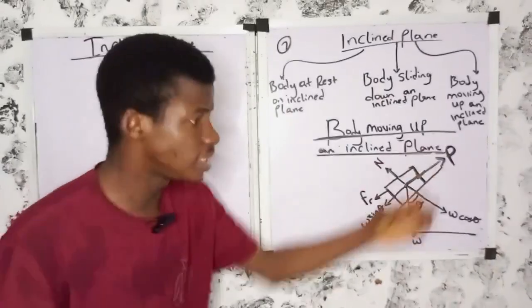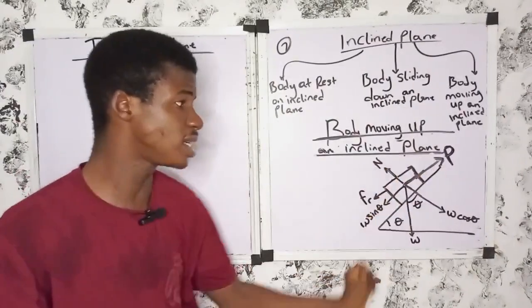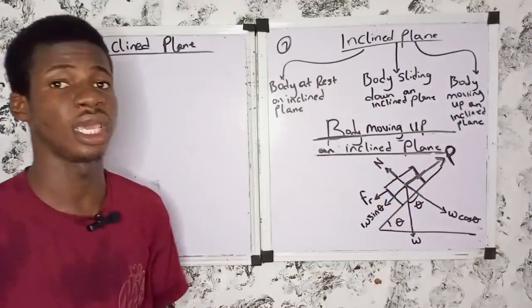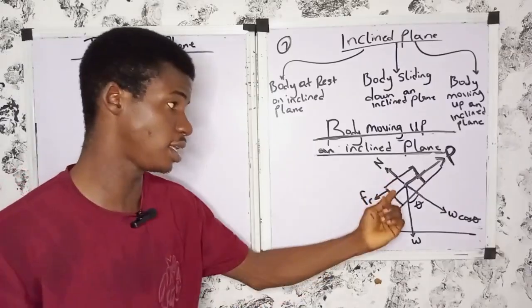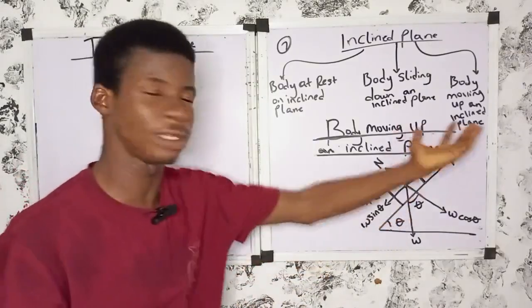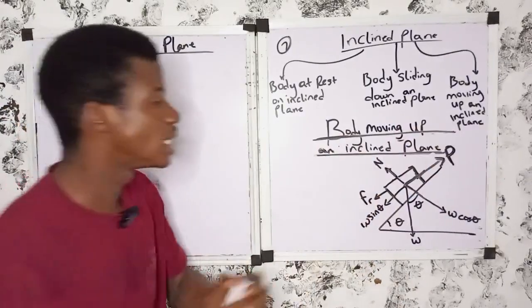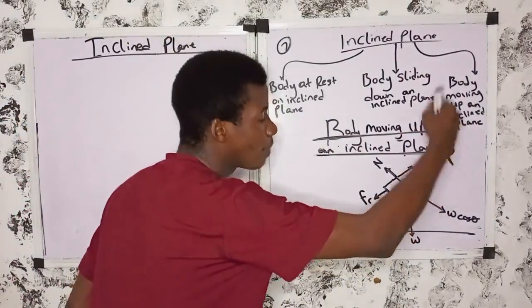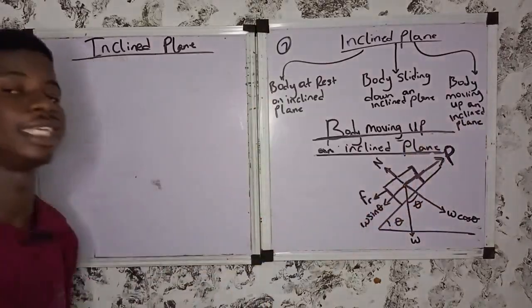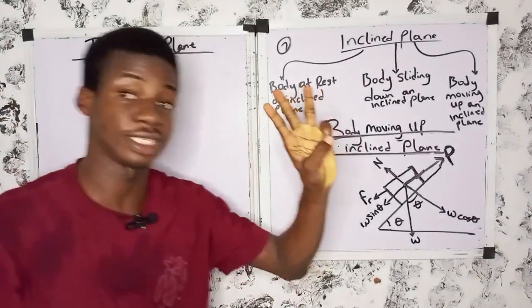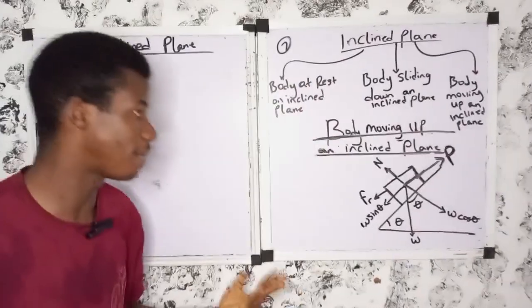Now, under this scenario where a force is taking the body up the plane, how many forces are acting parallel to the plane? There are three forces, right? What about perpendicular?